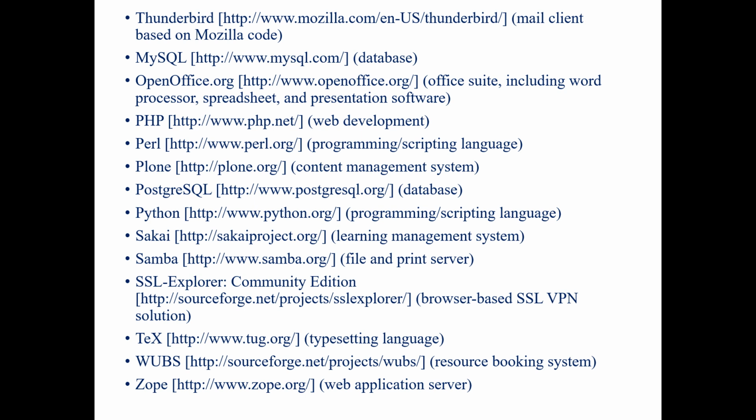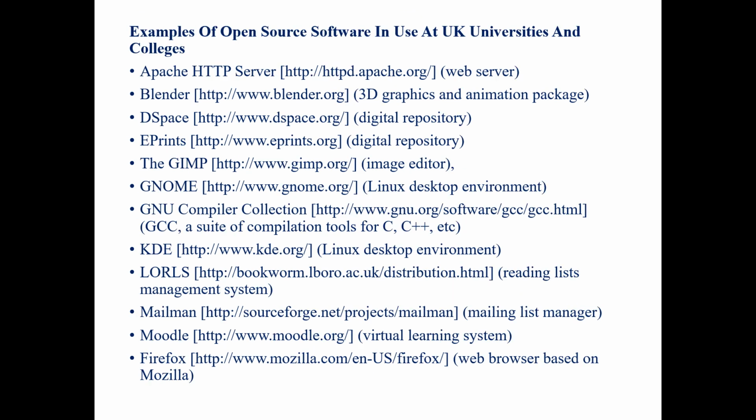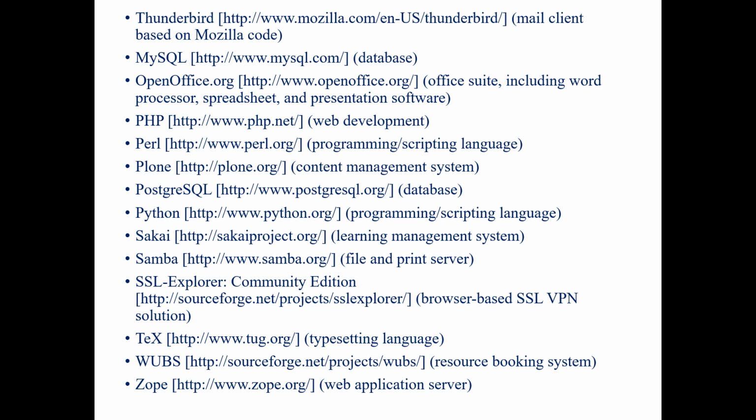Python is used by all the companies nowadays, and it is absolutely free open source software. And there are Sakai, Samba, and others. Among these, we use Apache, Moodle, and Firefox in everyday life. All the developers and programmers will be using the Apache server, PHP, Perl, and Python. So these are the best examples of open source software.